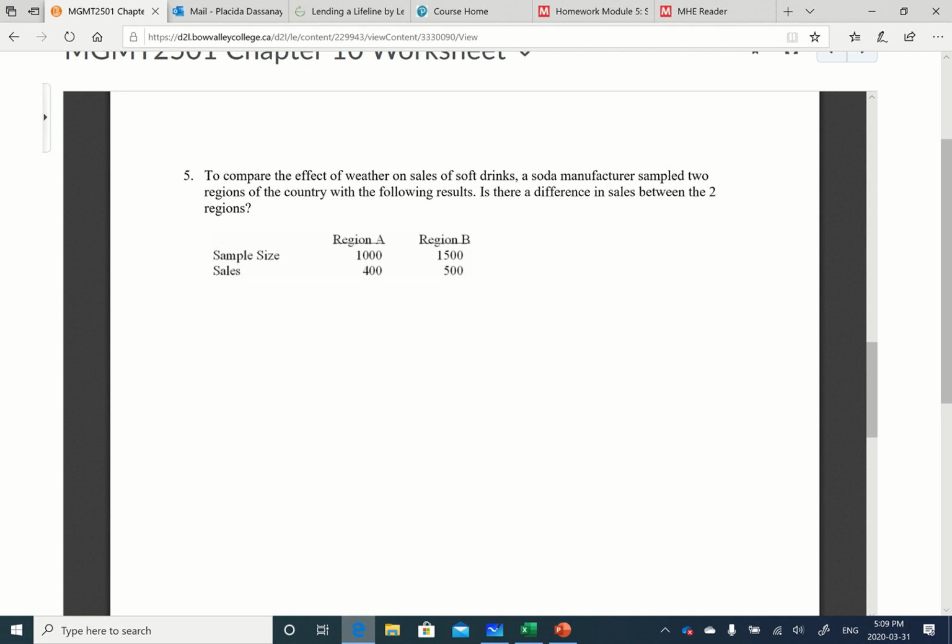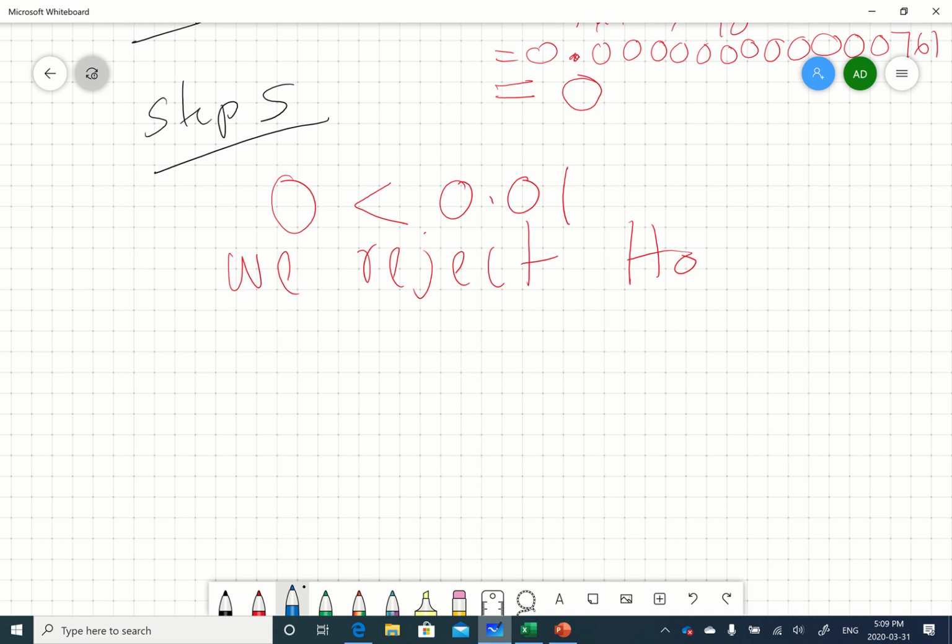So by looking at this information, you can easily tell whether the parameter is mean or proportion, right? So we are counting how many were sold out of the total. So we are comparing proportion of sales in region A to proportion of sales in region B.